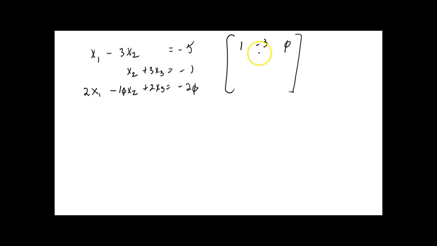So give me the second one. 0, 1, 3, and 2, negative 10, 2. All right.